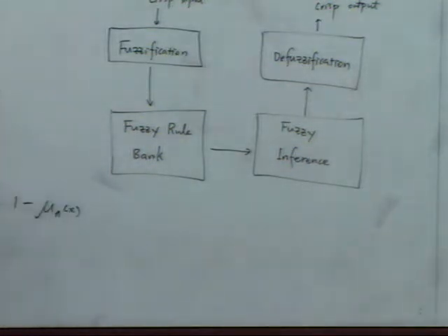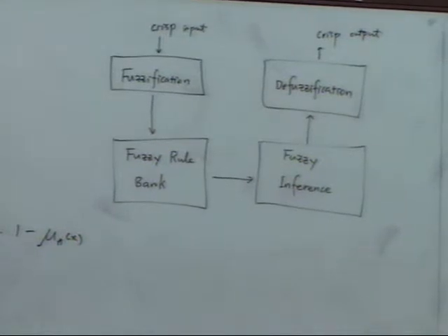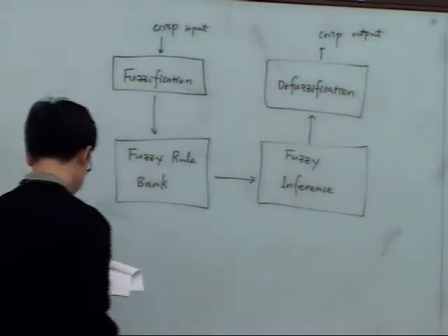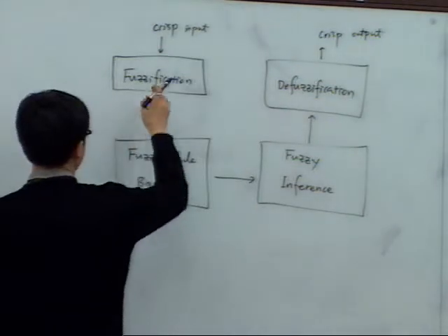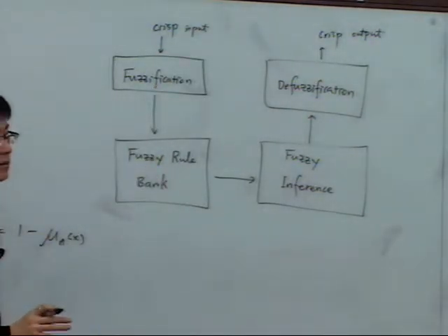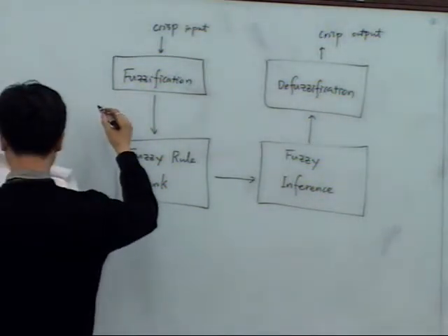And from the fuzzification, we define, fuzzification means we transfer this fuzzy system into our set of membership functions. So during that process, the output of this fuzzification, if we input something to the fuzzified system, is the truth value.